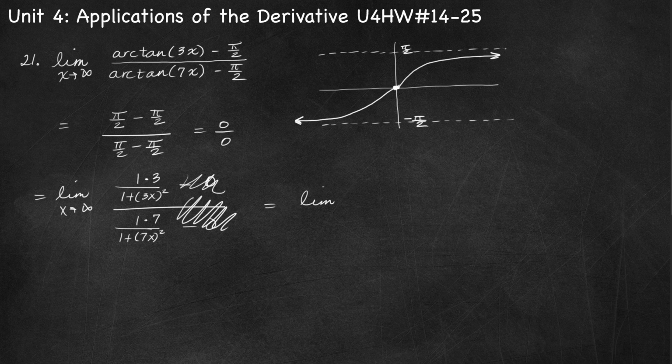And let's rewrite this so it's easier to see what's happening here. We've got 3 over 1 plus 9x squared divided by, I'm going to flip and multiply, 1 plus 49x squared over 7. And I want the limit as x approaches infinity.